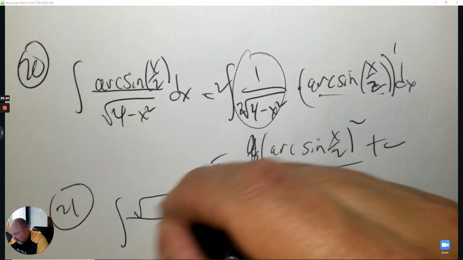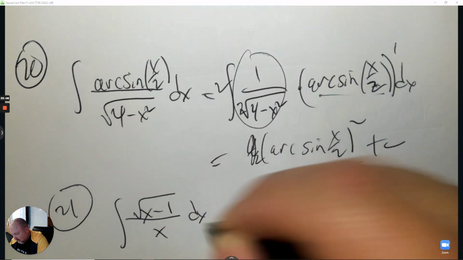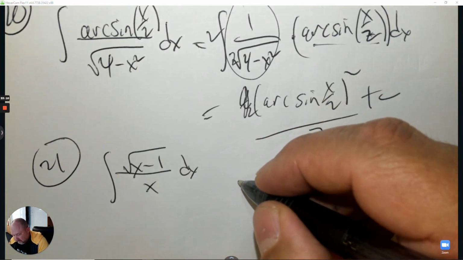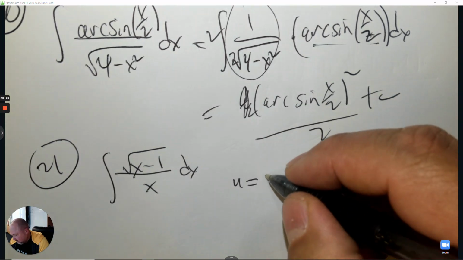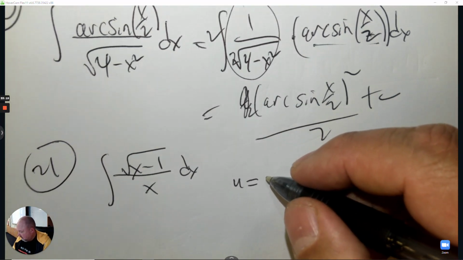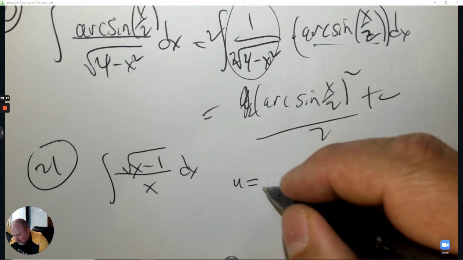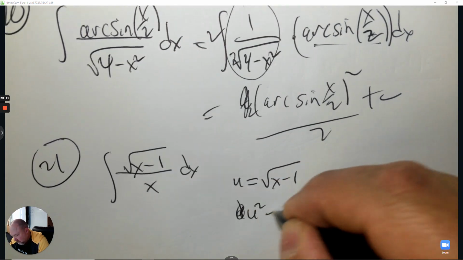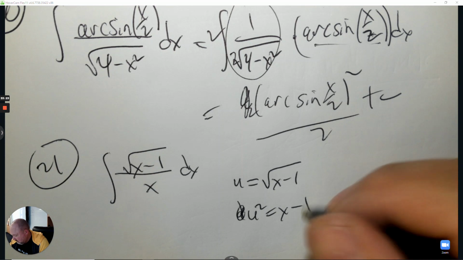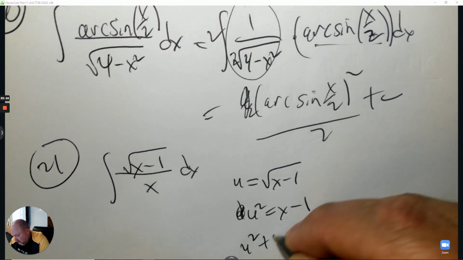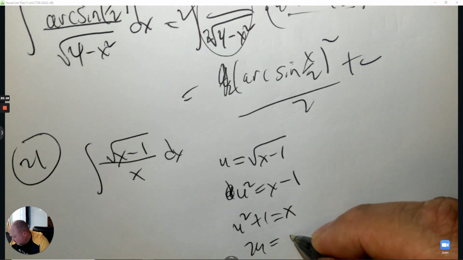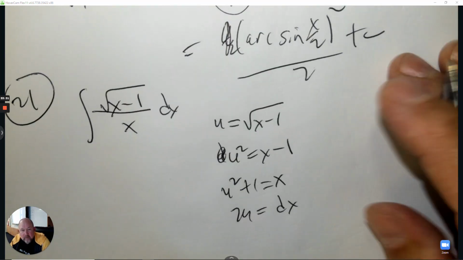Integrate the square root of x minus 1 over x. So we're going to do some work here.